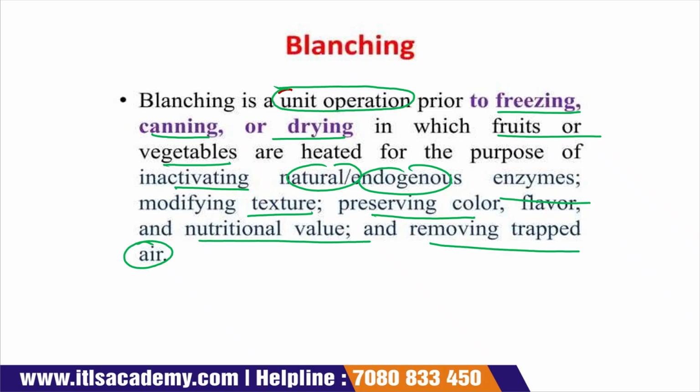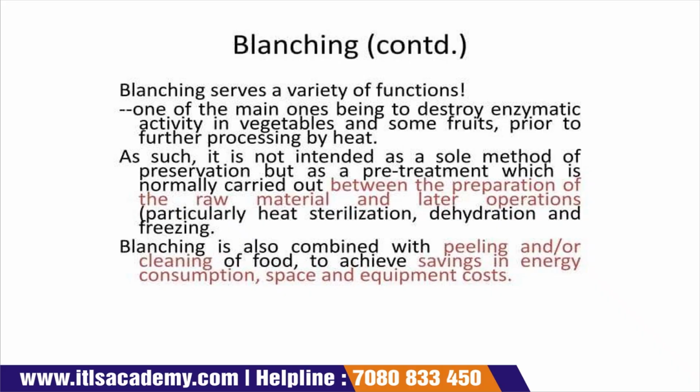Now, blanching also serves a variety of functions. One of them is to destroy the enzymatic activity which occurs in vegetables and some fruit products prior to further processing by heating.